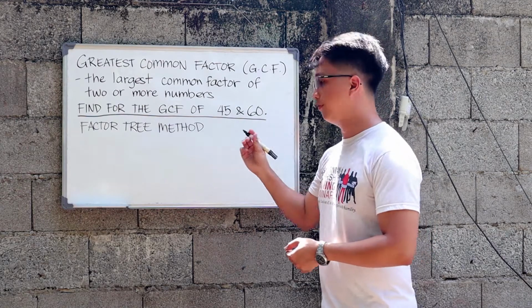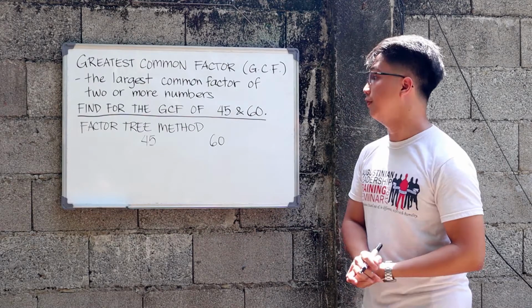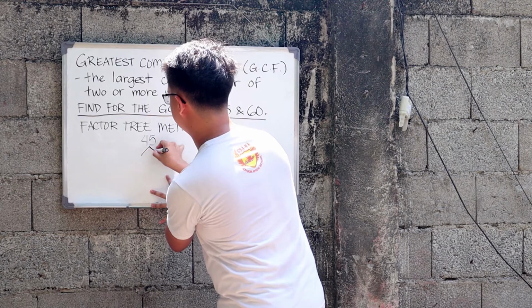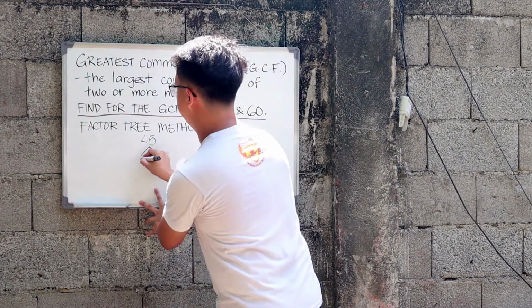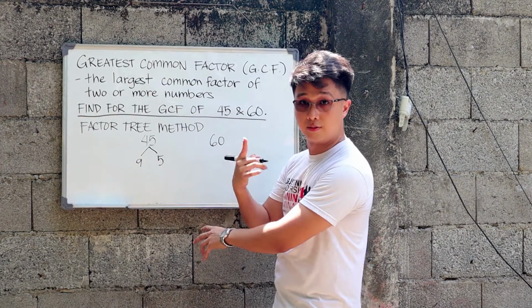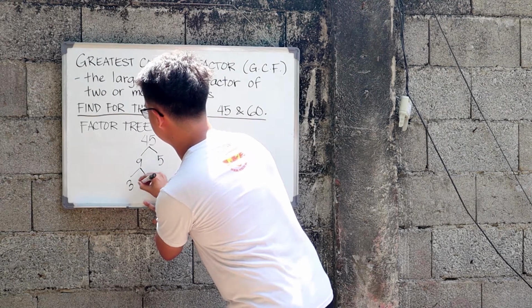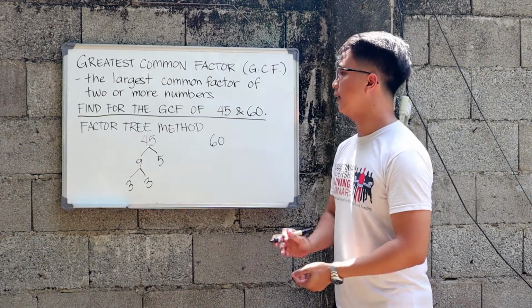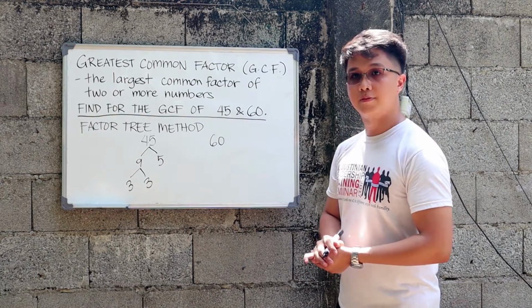I'm going to list 45 and 60, and factor them. 45 is 9 times 5. 9 is 3 times 3. Okay, so now we have the prime factors of 45.